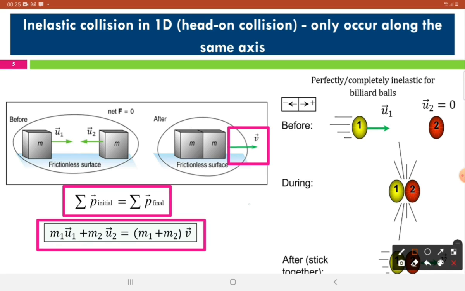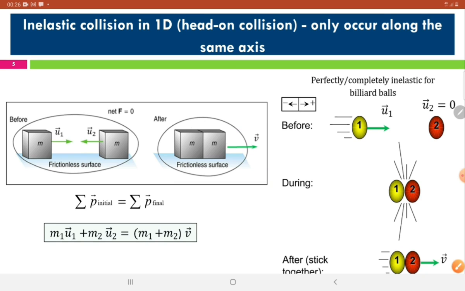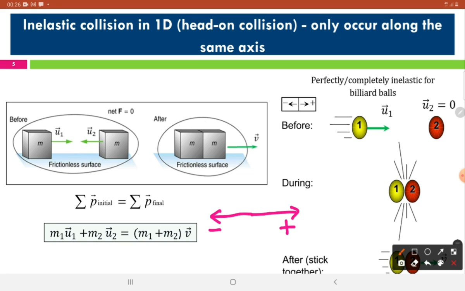In this collision also, don't forget to consider the sign convention, which is if the object's initial and final motion travel along x, for rightward motion, the value of u and v is positive. Leftward motion, u and v is a negative value. If the object travels along y, you can consider the upward motion as a positive value and downward motion as a negative value.